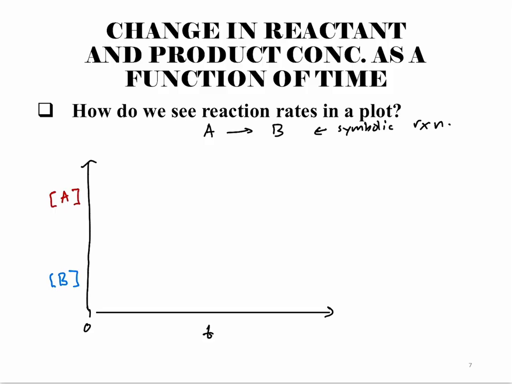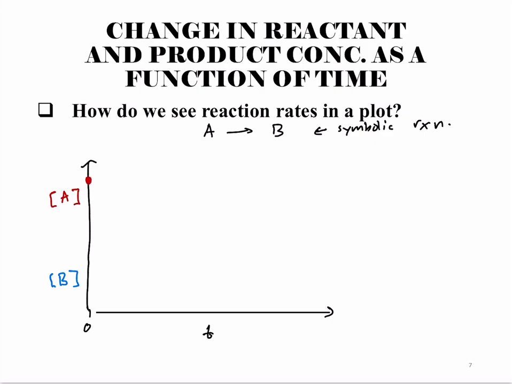Higher. If we only have A, then that concentration should be high relative to B at the beginning of the reaction. All right, so A, I'll put it directly on the line.